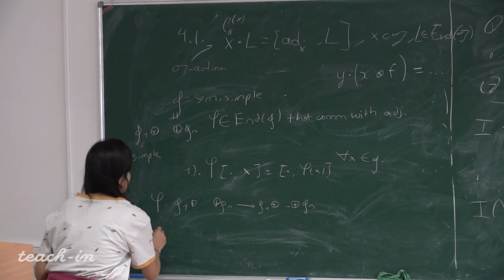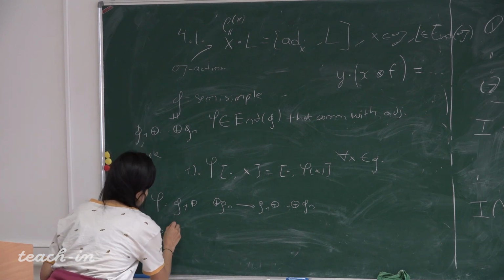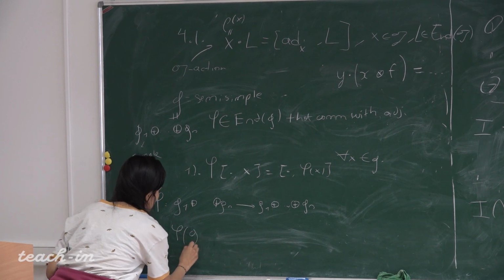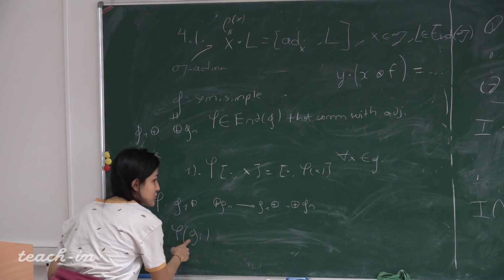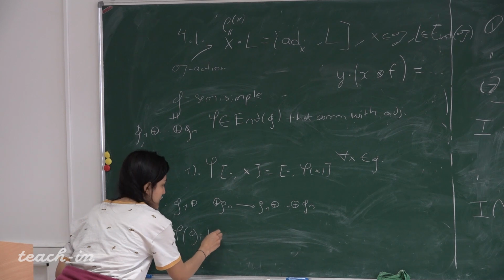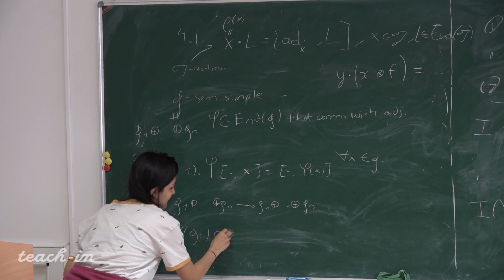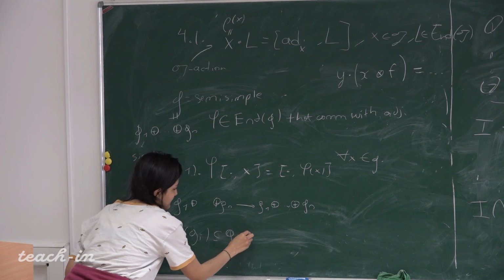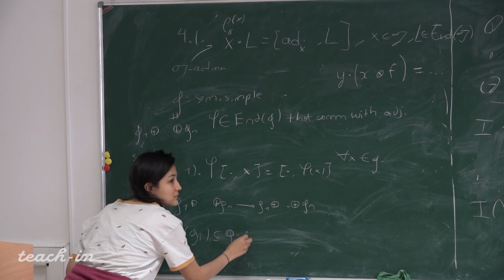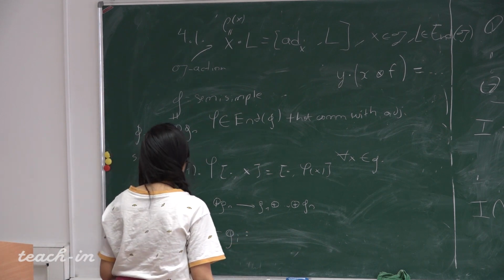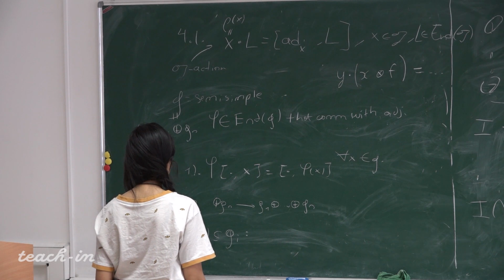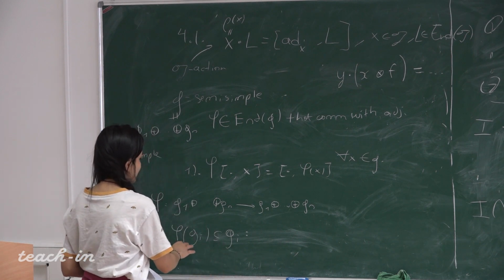First, I think this is true: if I take phi applied to Gi, this must be contained in Gi. It is true, but it is something that should be proved. Okay, why is this true?